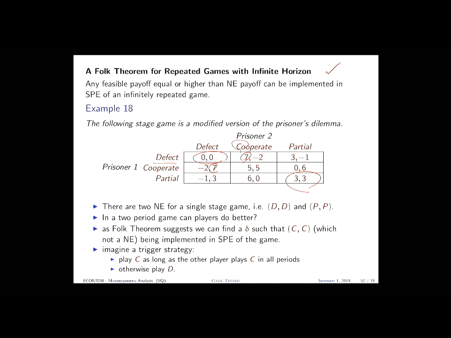Let me not jump to the solution of this game and first read the game, because it could be a bit confusing to you right now. The following example is called a modified version of the Prisoner's Dilemma. It is an extension of that, and now players have three actions: to defect, to cooperate, and to be partial.